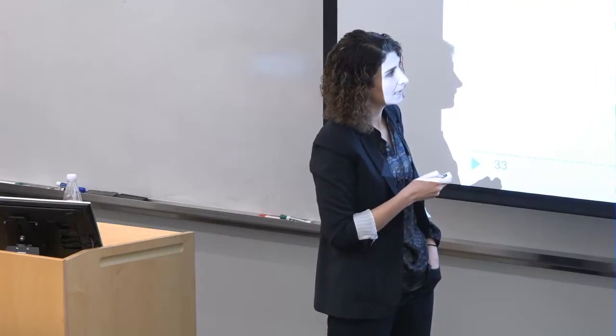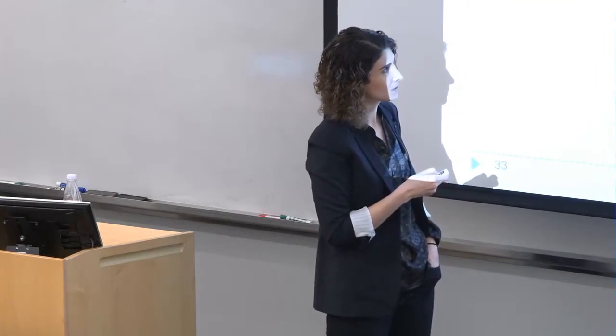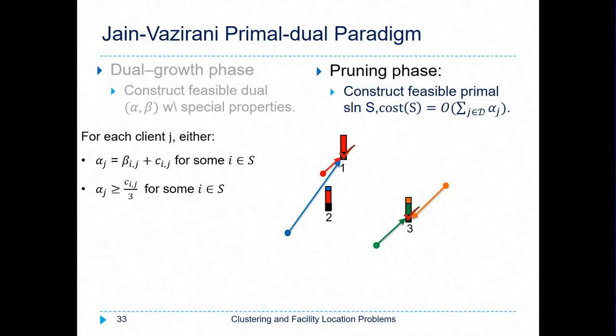For example, the orange, green, and red clients have this property: their alpha j can cover their contribution plus their connection cost. Or you can say that the alpha j can pay for 1/3 of the connection cost of the client. So this is the case for the clients that are not directly assigned.